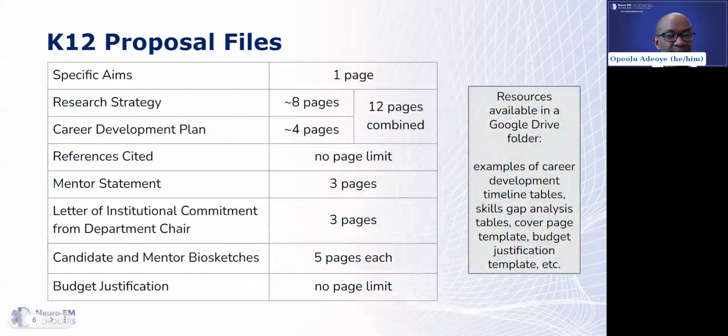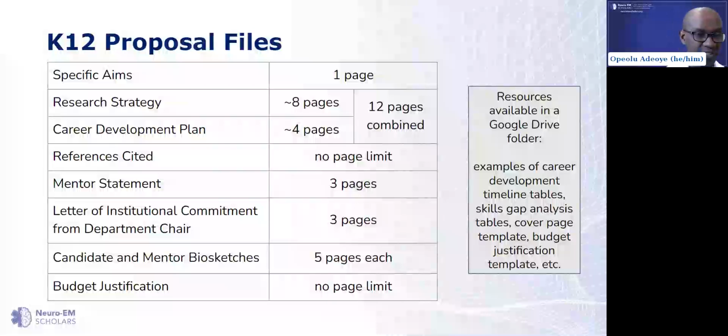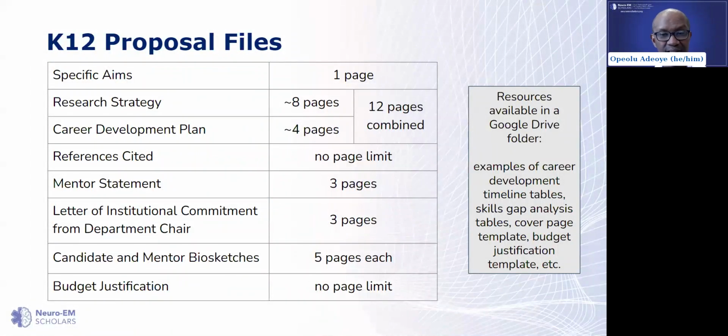Next slide. Some specifics that we can't say enough about, but we'll try to do in one slide. This is basically the K12 in a nutshell. This is your application, and it's also the format that the NIH uses, so it's a twofold experience in that way. There's a one-page specific aims, and a research strategy that is 12 pages total.